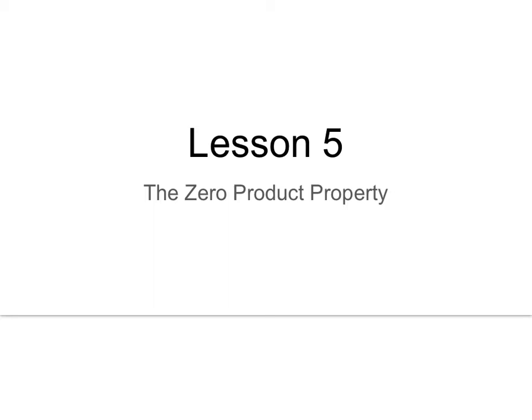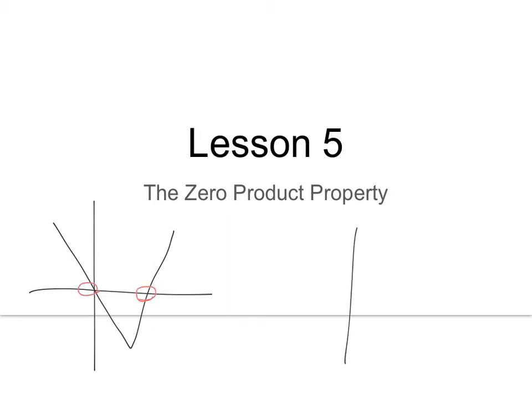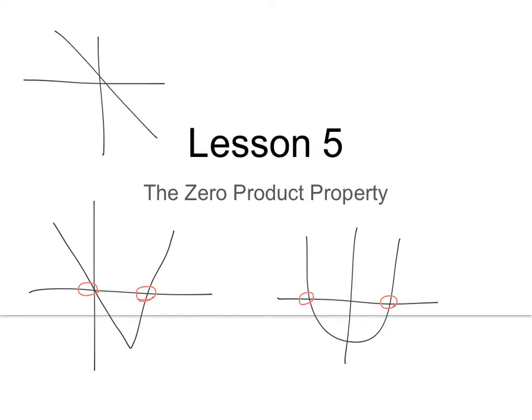If you remember, back when we were graphing, if I were to ask you to solve an equation, you would find where it would cross the x-axis. No matter what the equation is, where it crosses the x-axis is your solution. Now we're going to use the zero product property to do that.